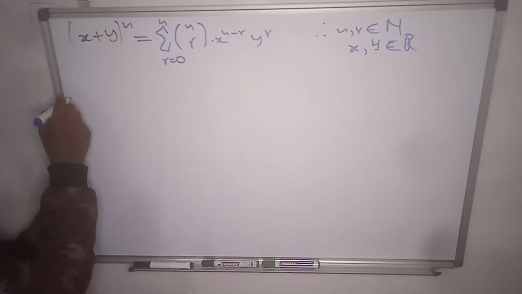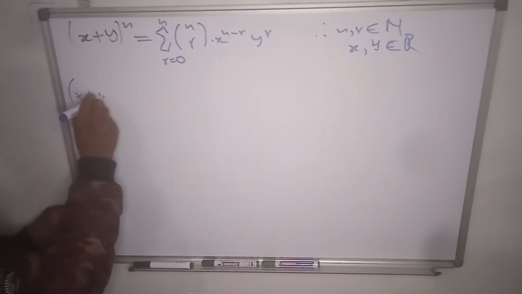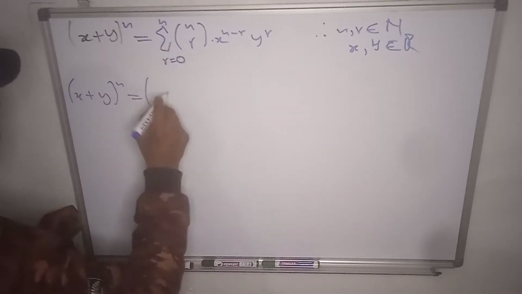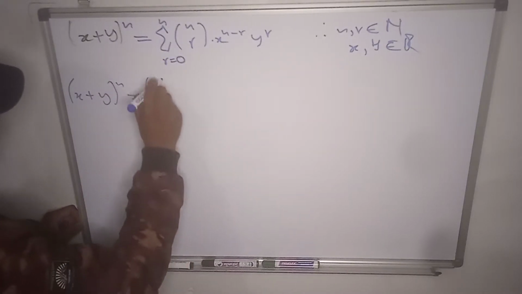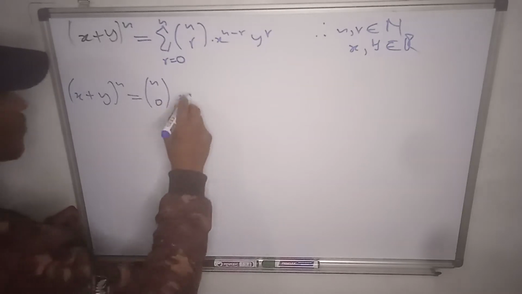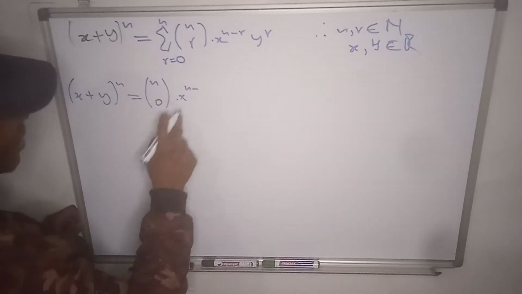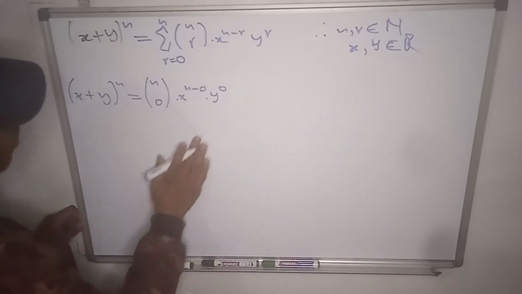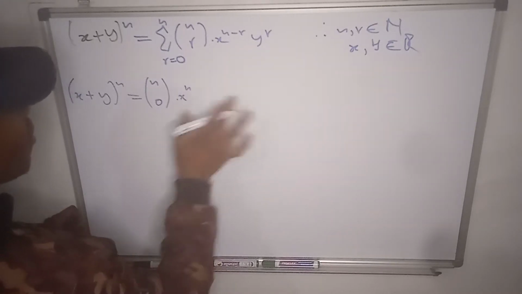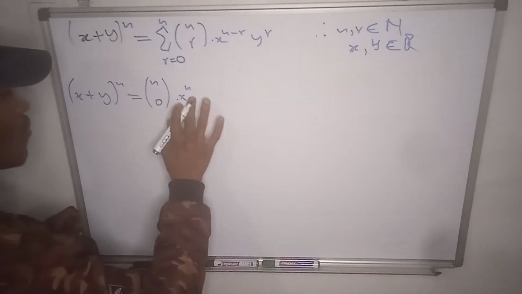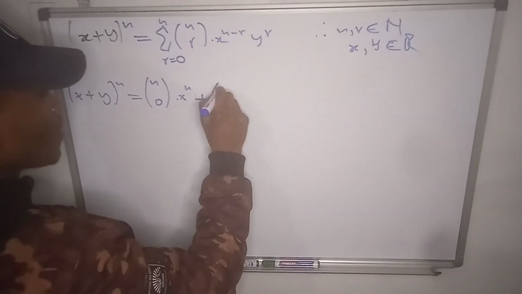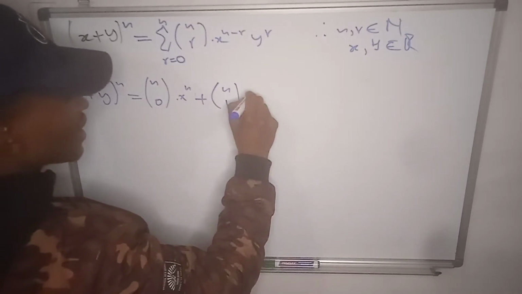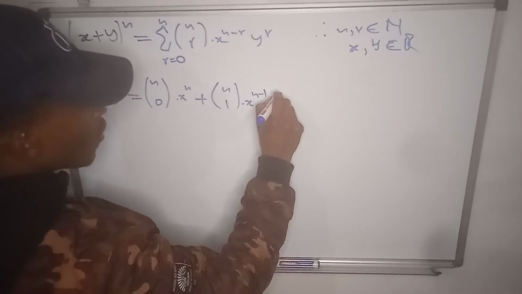So (x + y)^n can be expanded in this fashion: n combination 0 times x^(n−0) and then y to the power 0, which is just the same as x^n. So we can add n combination 1, which will be the same as x^(n−1) times y^1.